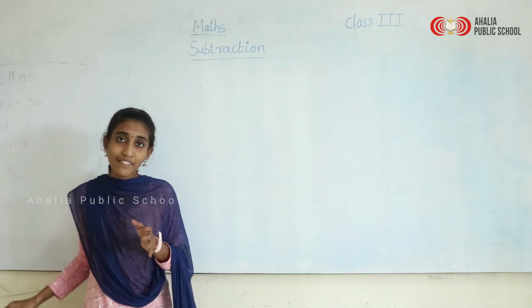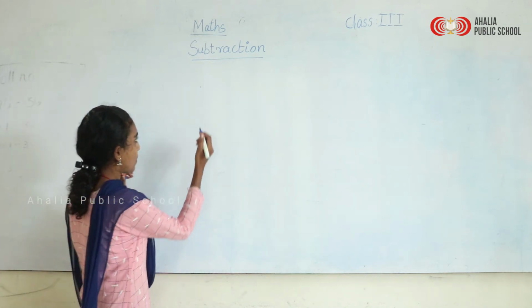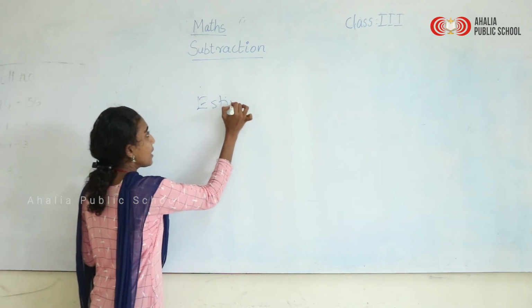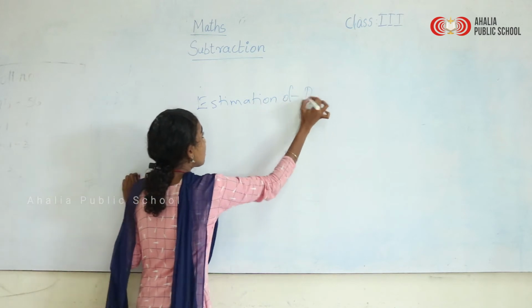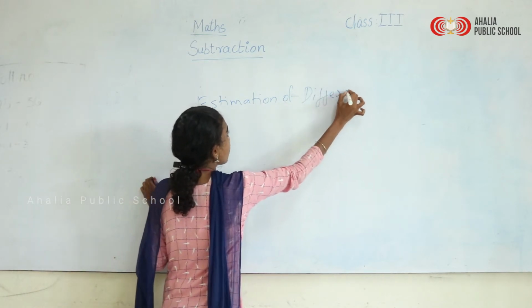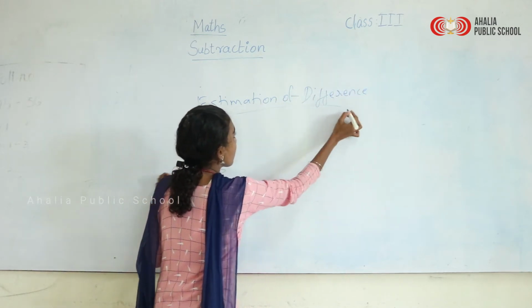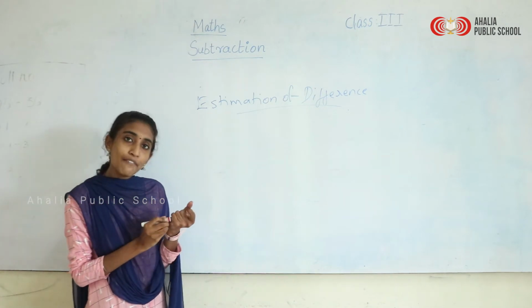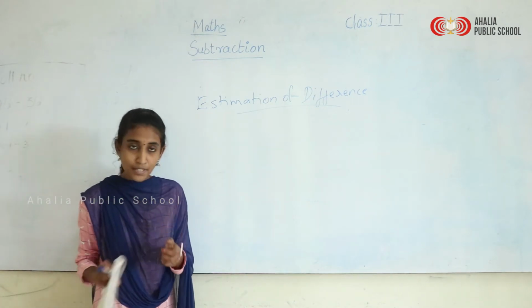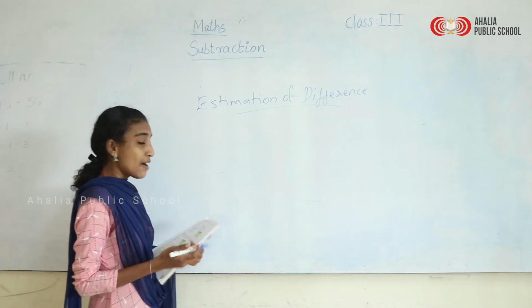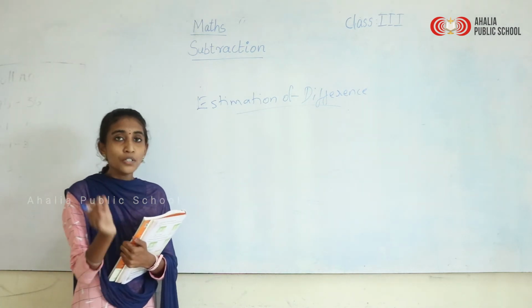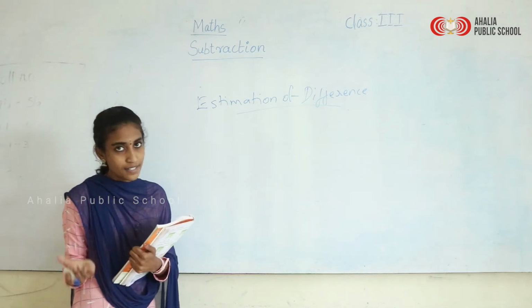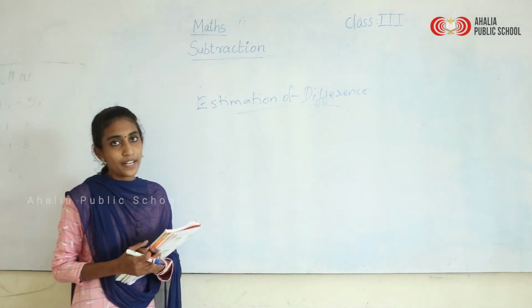The same topic we learned in the addition chapter as well, estimation. In addition we learned estimation of sum, but here we are doing estimation of difference. So what you will do, we will have two numbers, right? That is the minuend and the subtrahend. First we will round off those two numbers to the nearest tens or nearest hundreds, and then we will do the subtraction.